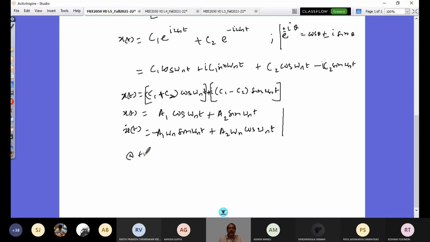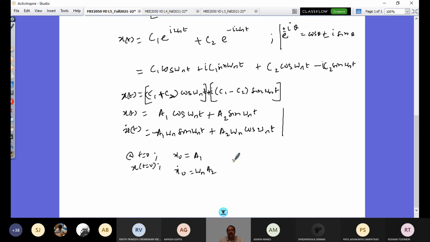At t equal to 0, that is x of t at t equals 0, I get x naught is equal to A1 and x naught dot is equal to omega n A2.